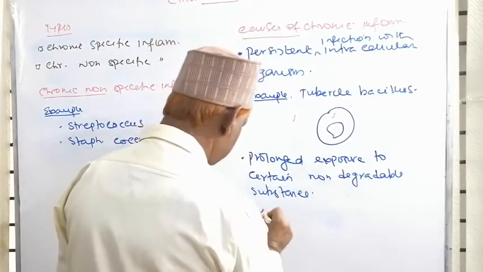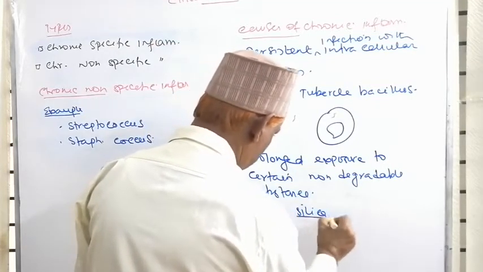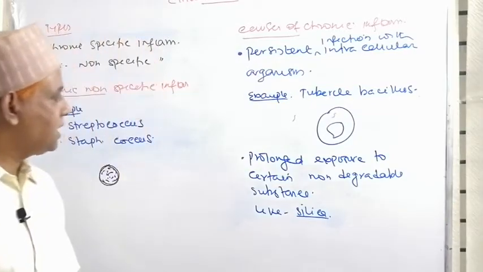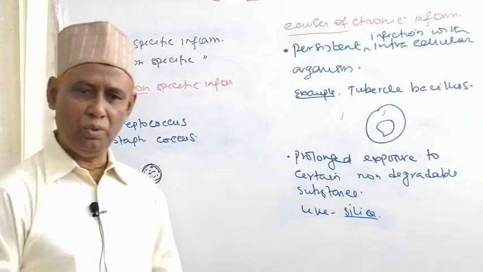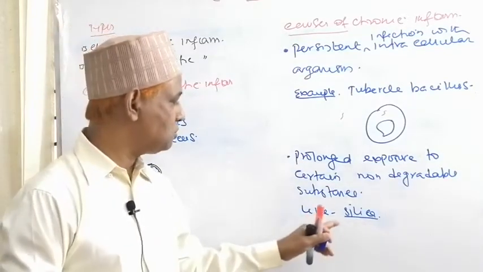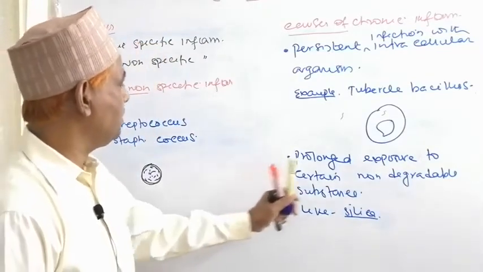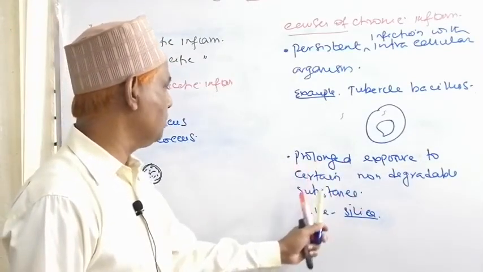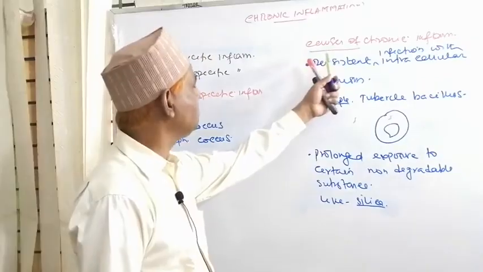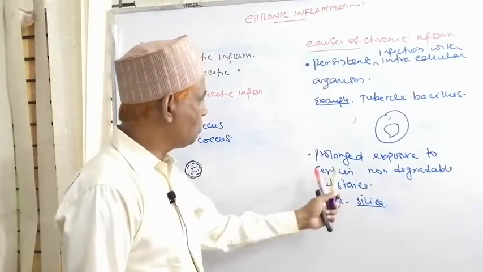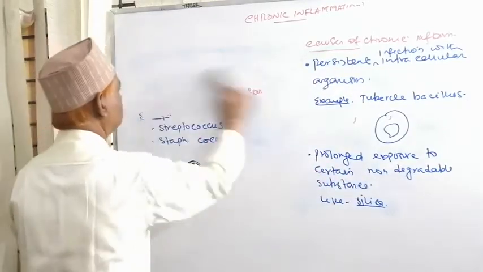Example like silica. Respected audience, you know silica is not degraded in our body within the cell because there are no enzymes to degrade it. So if anybody is exposed for a long time to silica, it will lead to silicosis. It is nothing but one of the causes of chronic inflammation, prolonged exposure to certain non-degradable substances.